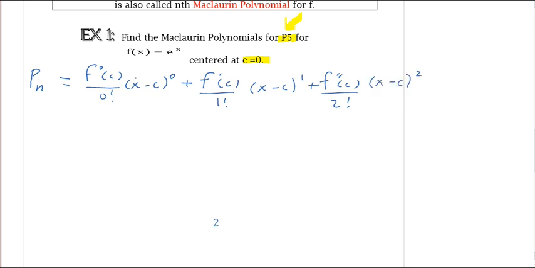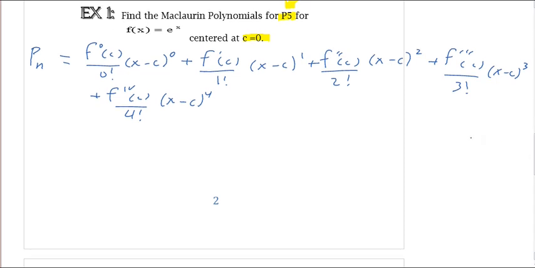And remember, I want 5 terms. So far I have 1, 2, 3, so I need 2 more. Plus f triple prime of c over 3 factorial times x minus c to the third. And then finally plus f to the 4th power of c over 4 factorial times x minus c to the 4th. Okay, we're in very good shape.